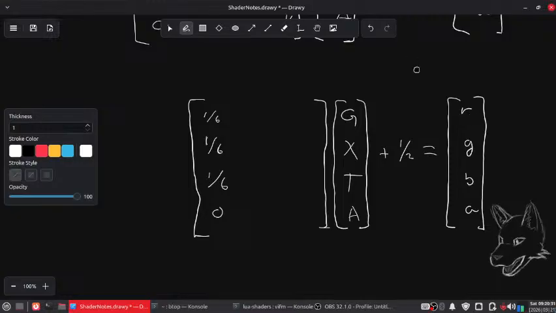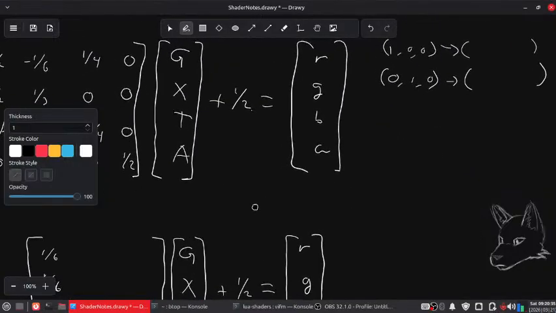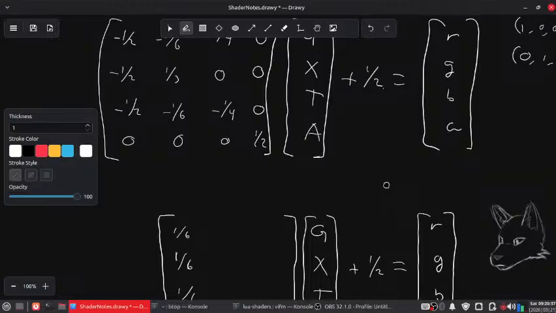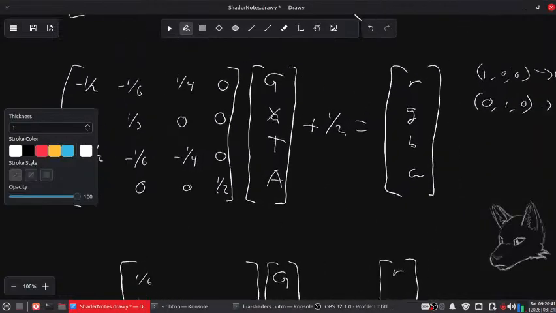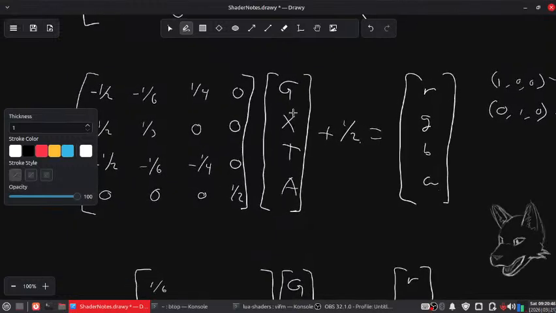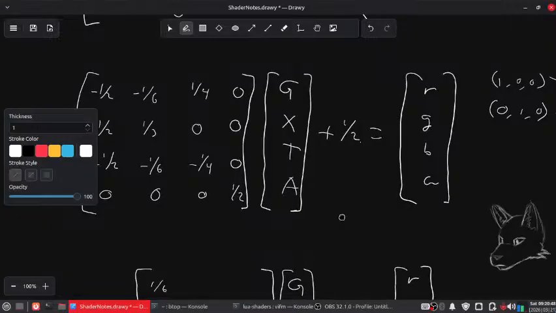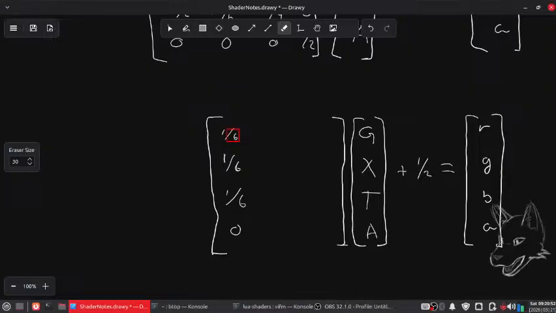Wait, this is incorrect. What am I doing wrong? G is, if it's just G, it is minus a half plus a half. Oh no, this is just a half plus a half. I'm not adding these.